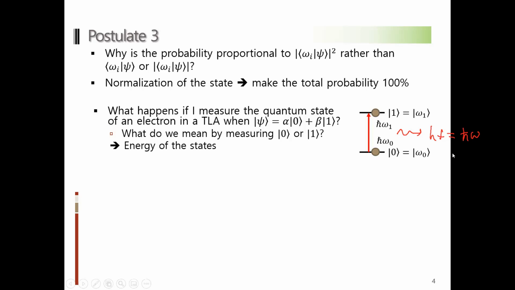Based on this idea, we use this notation only to represent the energy difference between these two energy levels, but the absolute value of each energy level can still be represented in terms of the angular frequency.